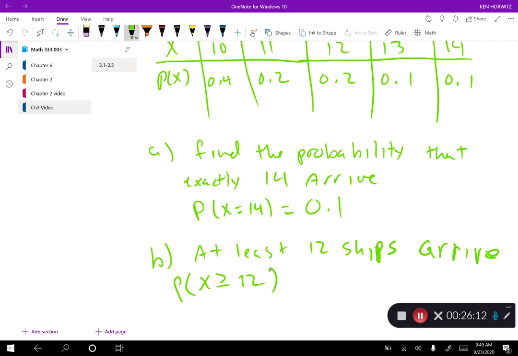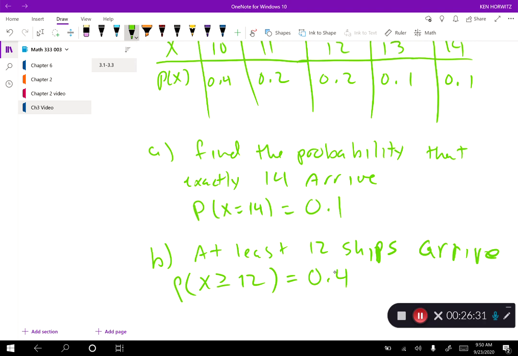I want 12 to be the lowest number of ships, but there could be 13 or 14 ships. And in that case, I have to add up the probability of 12 plus the probability of 13 plus the probability of 14, which would be 0.4.